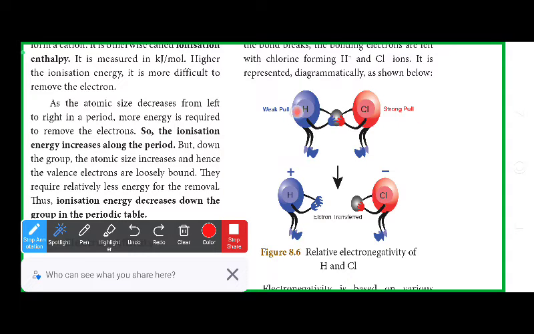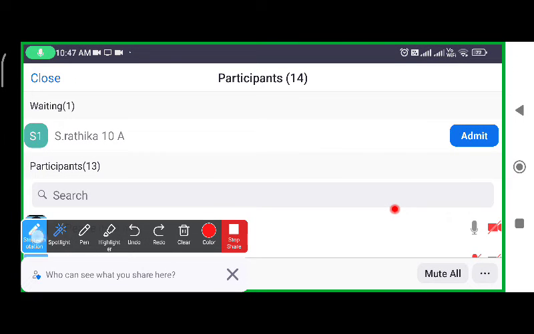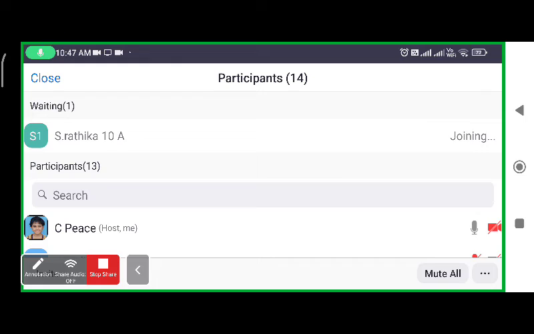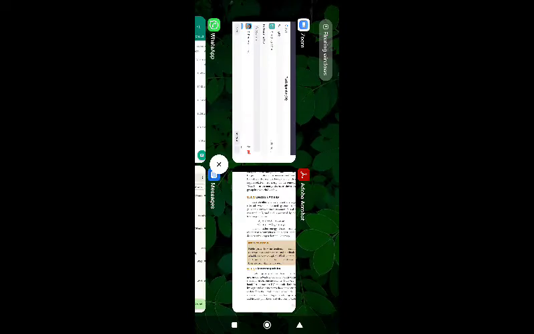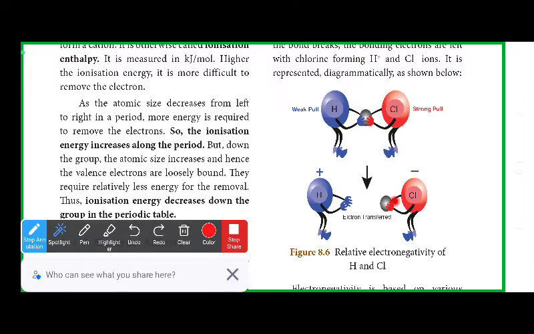Here it is the weak pull. So what happens? The electron is transferred from hydrogen to chlorine. Right? So here it becomes H plus and Cl minus.